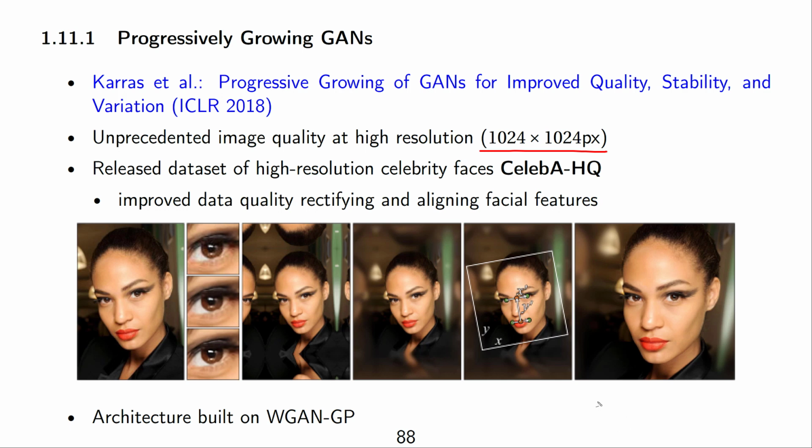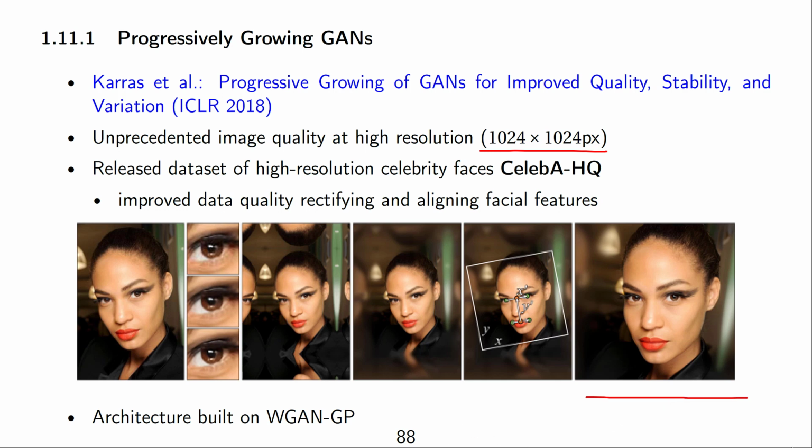So what the authors do is they generate this special data set where faces are aligned. For example, this is an aligned face. They try to put the eyes and the face approximately in the middle, and the size should not be too different. The improved training data is also a significant factor why the results improved.